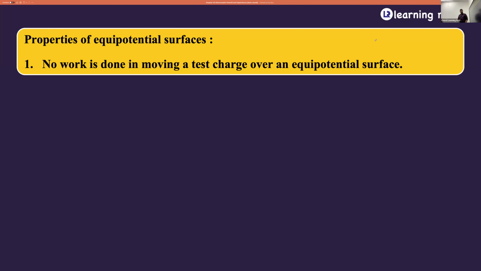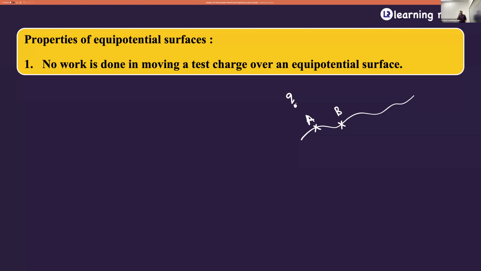If I take a random surface like this and call it equipotential, and take the point A here and the point B here, what are they saying? Meaning, if I have a test charge at point A and I want to move it from point A to point B, right?